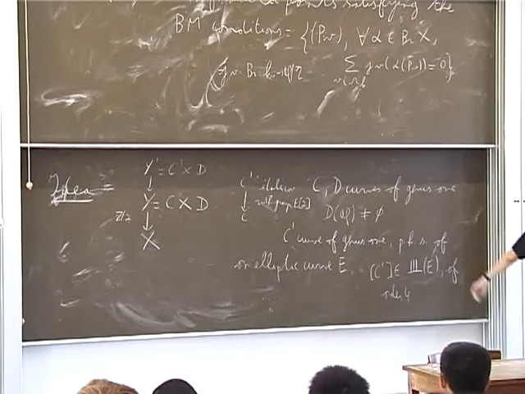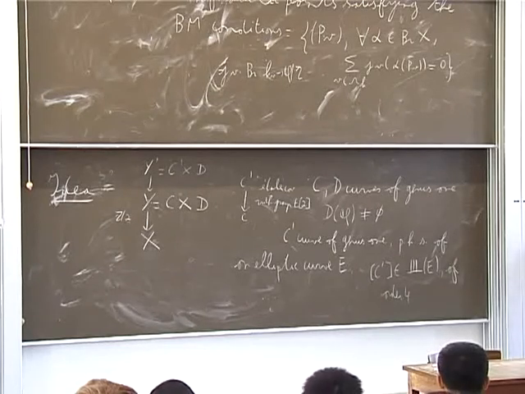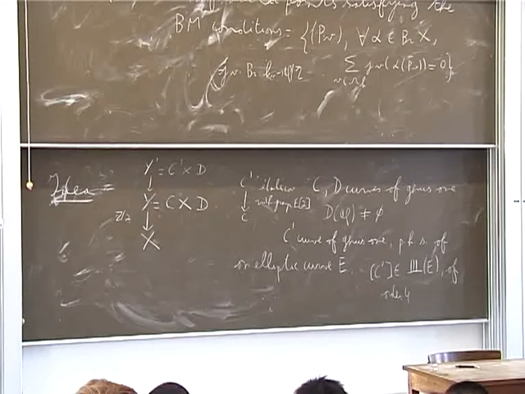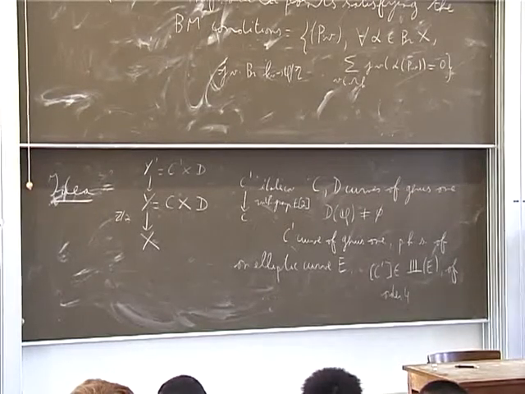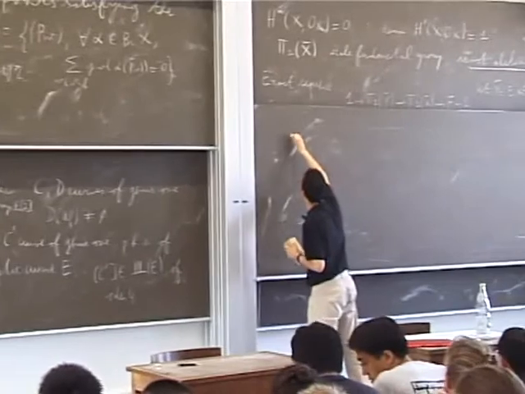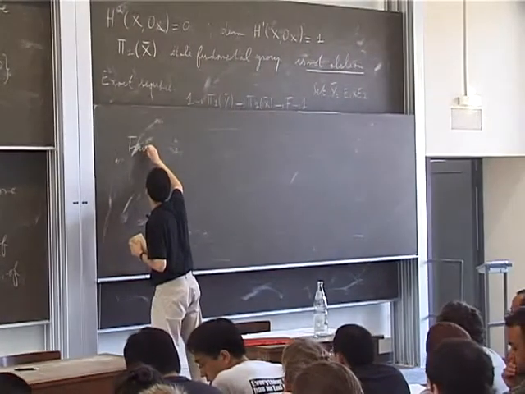I could write torsor instead of principal homogeneous space. It is just a twisted form of the elliptic curve E. So there are two steps in the proof.